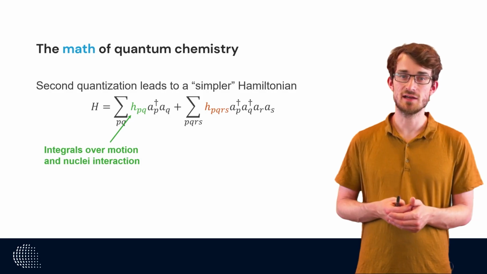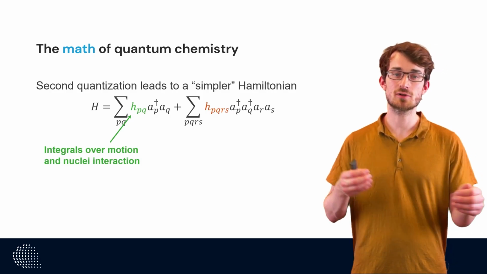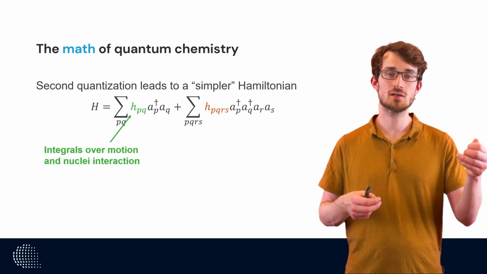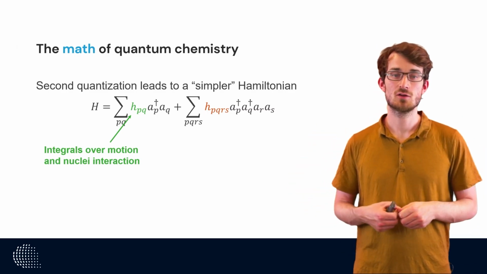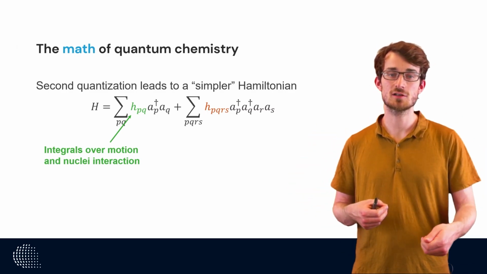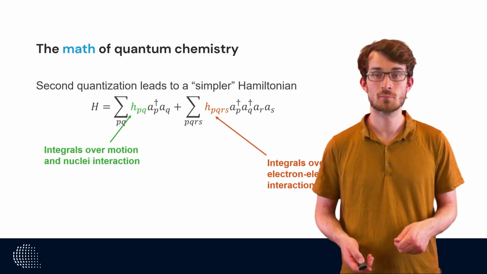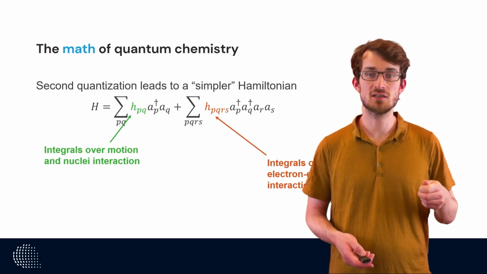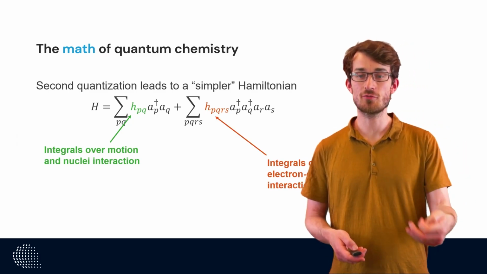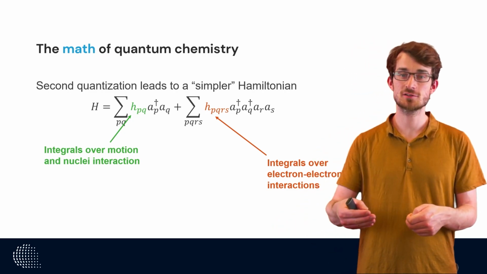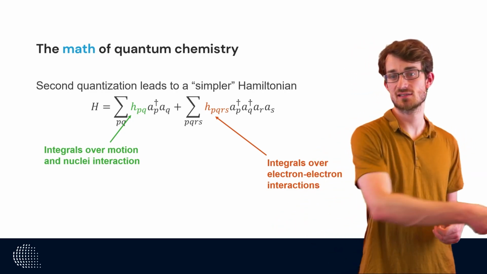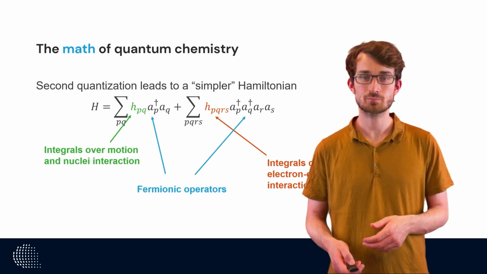So the first term here is h_pq, an integral over wave function p and wave function q of the motion of the electrons and the nuclear interaction. And this h_pqrs is a fourth order term that comes from the electron-electron interaction and relates to the wave functions p, q, r, and s that we integrate over.